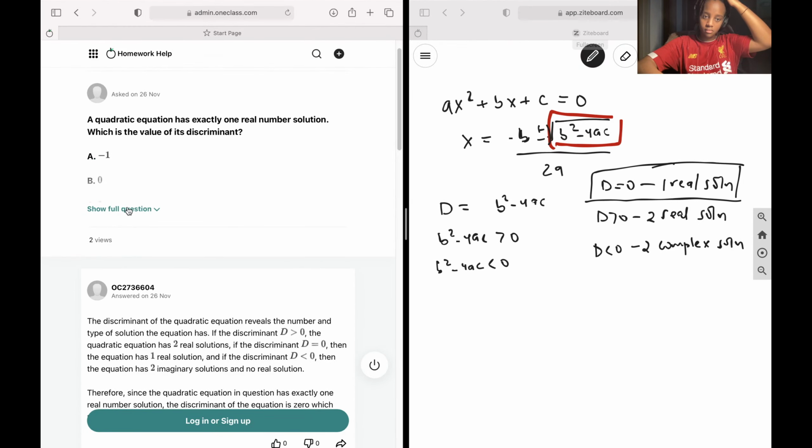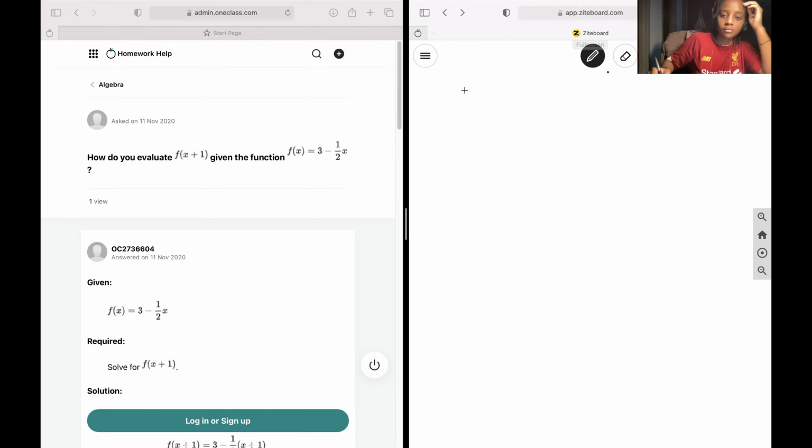Okay, on to our next question. So if f of x is equal to 3 minus 1 over 2x, we want to find f of x plus 1.